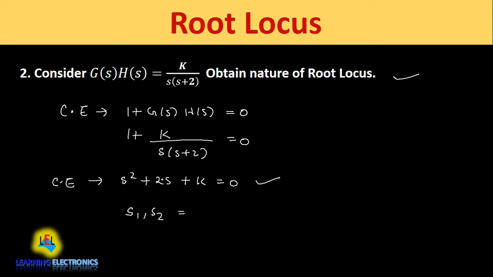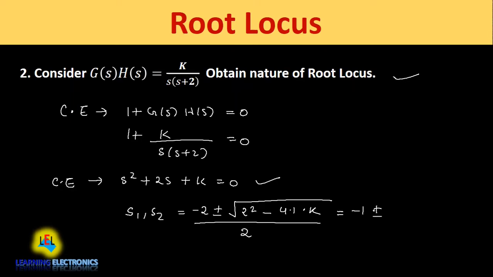So we will get minus 2 plus minus under root 2 squared minus 4 into 1 into K, divided by 2a, that is 2. So from here we will get minus 1 plus minus under root 1 minus K.